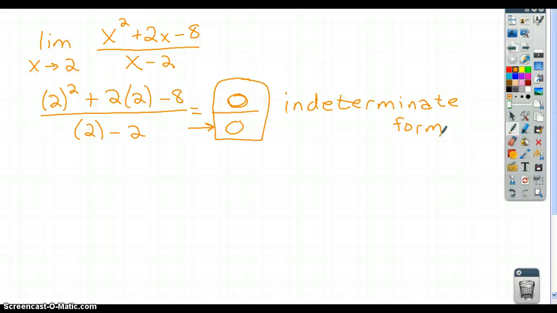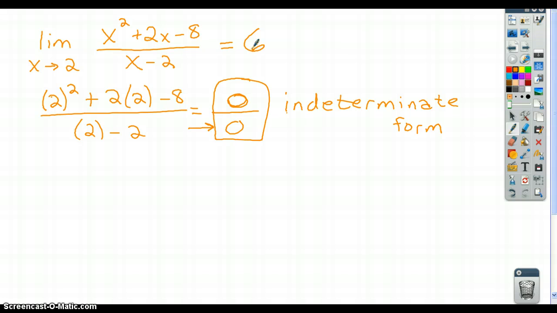We can't determine whether or not something's going on there. All we know is that it's not continuous there. However, as we saw in the graph before, from the left and the right the function was approaching the value of 6. So the limit of this one is 6, even though we didn't find it with substitution. The limit exists, even though the function's not continuous there.